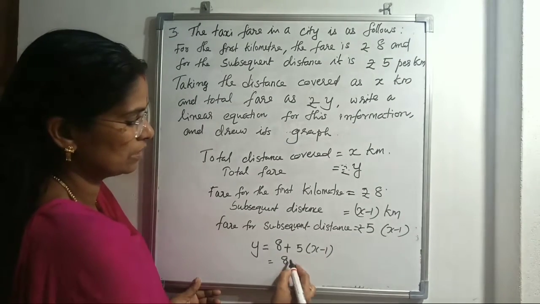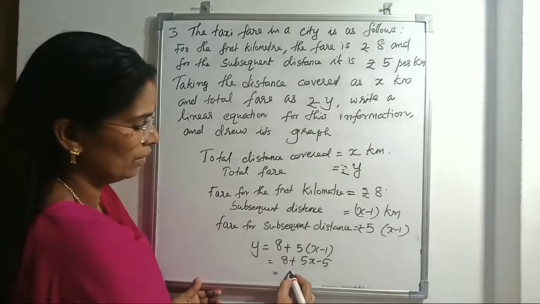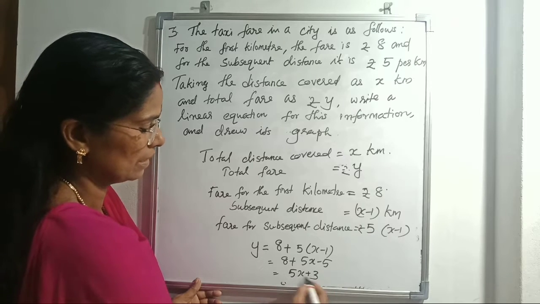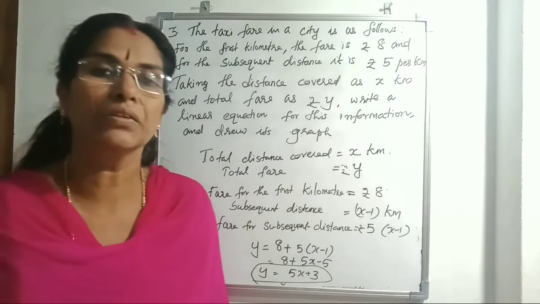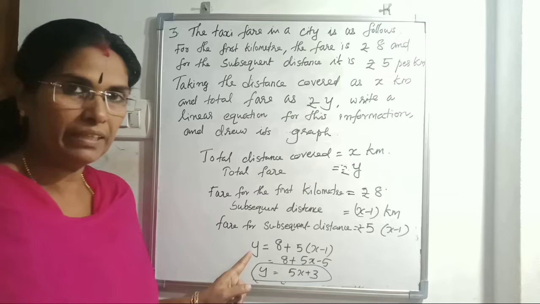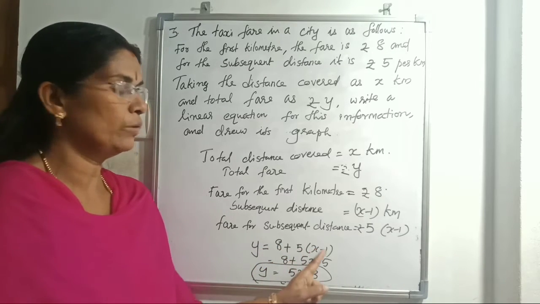Okay, now just solve this. You will get the linear equation. 8 minus 5 is 3. So y equal to 5x plus 3 is the linear equation in two variables. Clear this one? Total fare y is equal to 8 plus 5 into x minus 1.